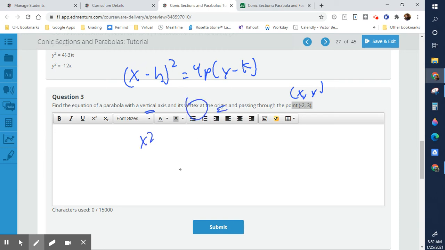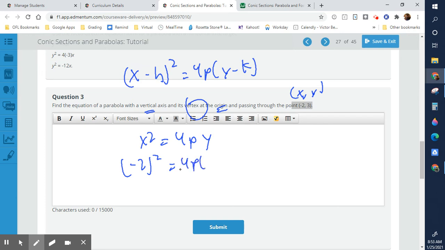So it's x squared equals 4py. We had no idea what p is, but now we have an x and y to plug in, so we get this negative 2 quantity squared equals. When I say quantity squared, I mean the negative is also being squared.